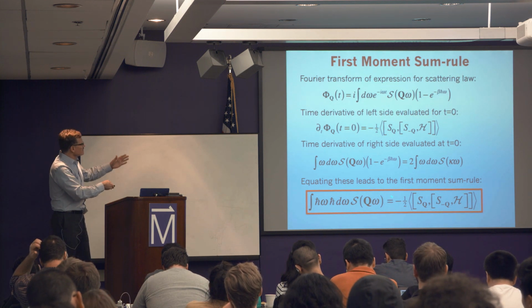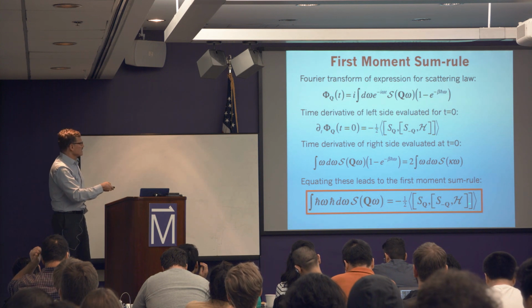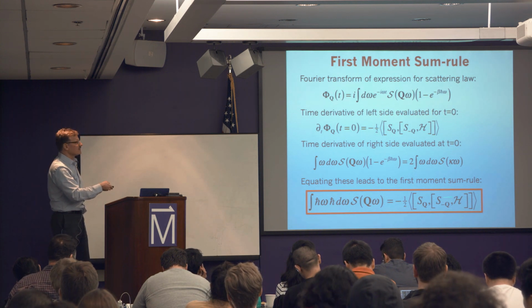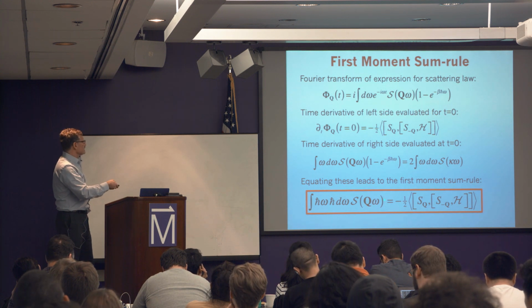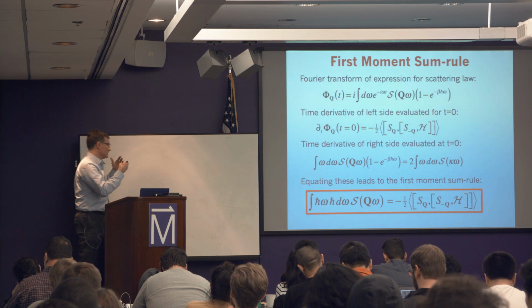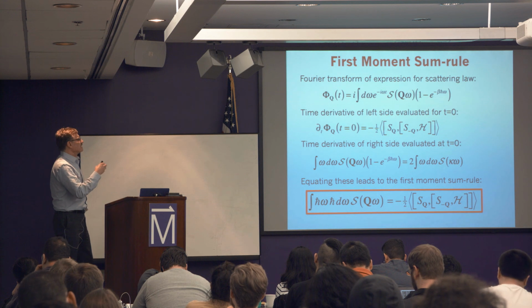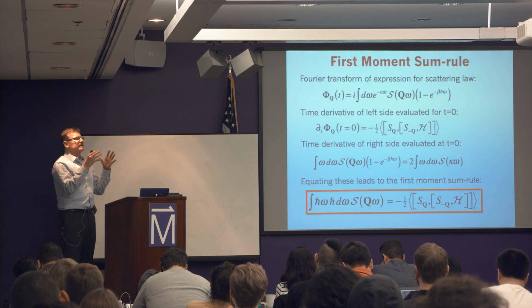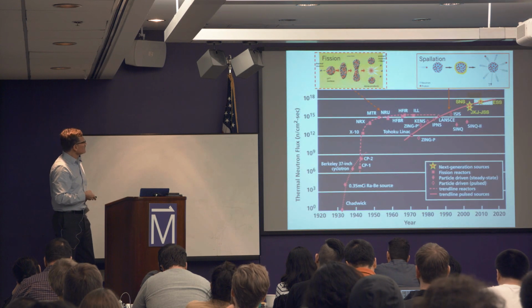The left side here is a wave vector-dependent feature and relates it to a certain double commutator involving the Hamiltonian and the spin operators. And so this is actually a way that you can get, from the inelastic scattering you measure, to features that have to do with the ground state energy of the system. So we'll be using that on a couple of occasions.